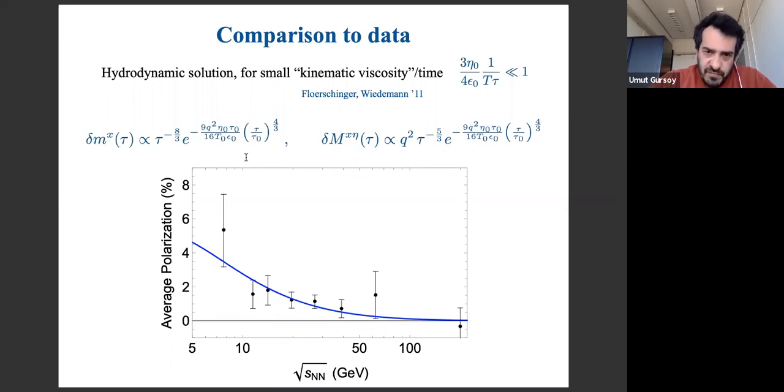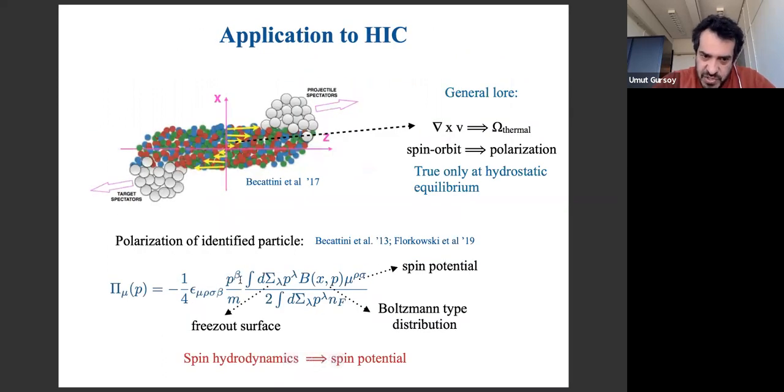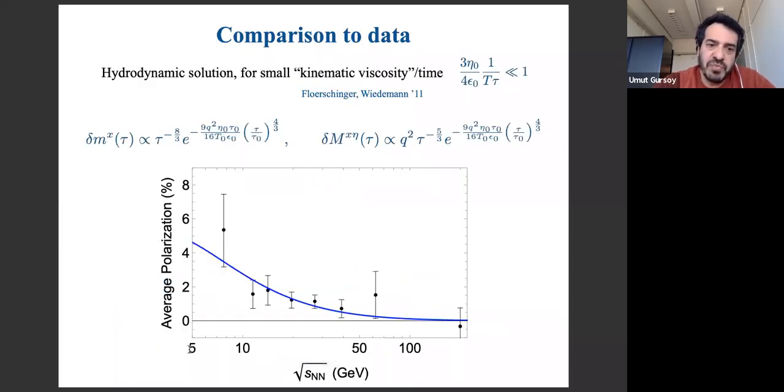For these two objects that you can construct, this little m and capital M, they decay in time as some power law with some exponentially suppressed piece. And if you plug them into this equation to calculate the average polarization of the hyperon particle, then you see that it matches the experiment well enough.